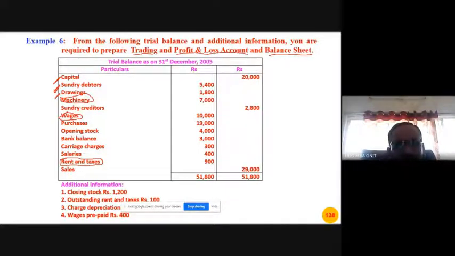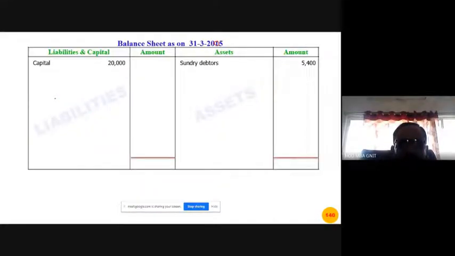Drawings should always be deducted from the capital amount on the liability side, because it reduces the capital. The owner has taken money back. So go to balance sheet, and on the liability side, less drawings.